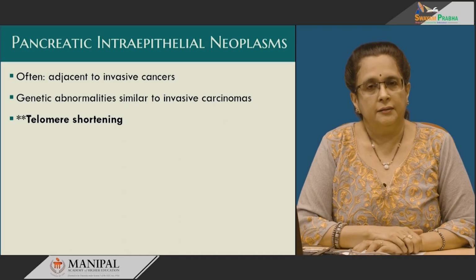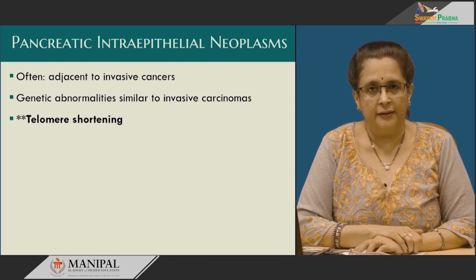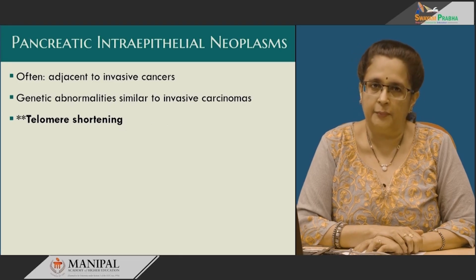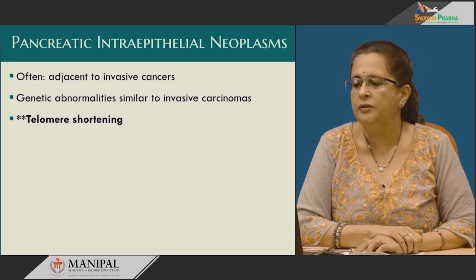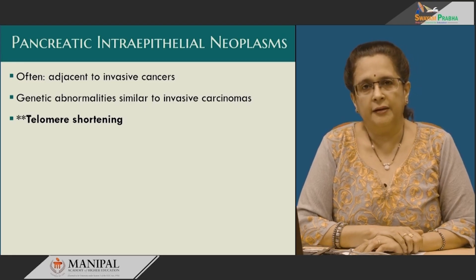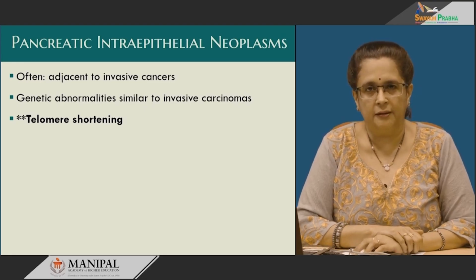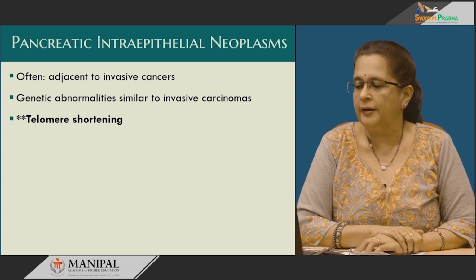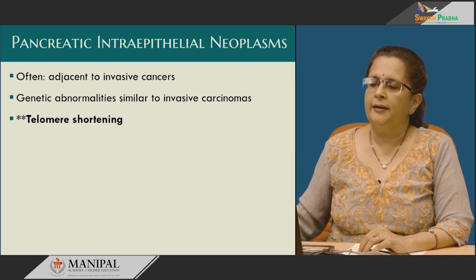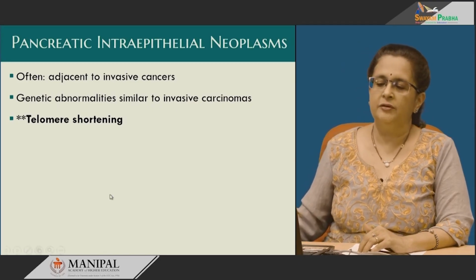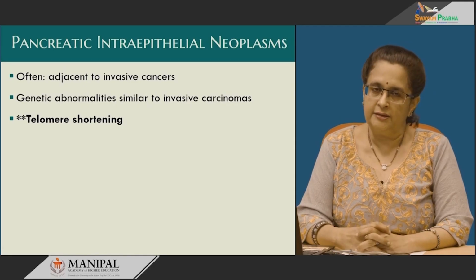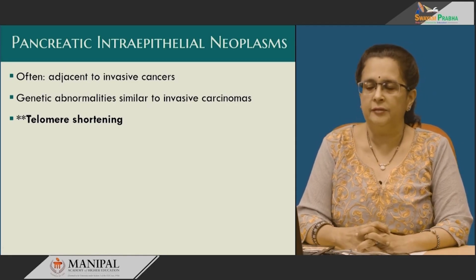Moreover, the studies in animals also have pointed out to the fact that high grade PanIN can proceed to invasive carcinomas, and the genetic abnormalities that are associated with PanIN are also found in invasive pancreatic carcinomas. The genetic abnormalities are similar, as I said, and the most important one which is seen in PanIN, the initial aspect of PanIN is telomere shortening.